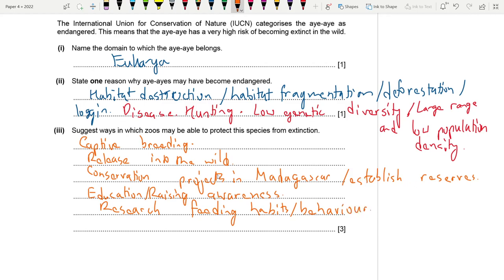Last but not least, there are vets present in zoos, right? So they could provide medical care. So it's actually provision of veterinary care by zoos. They could also help in raising funds, raising funds for a certain animal which is endangered.